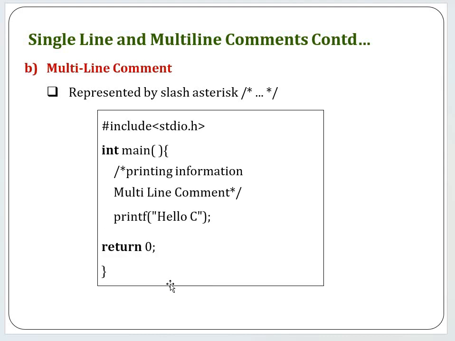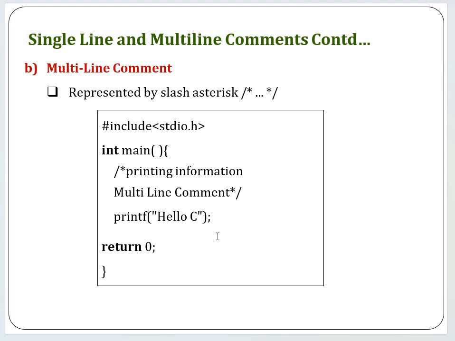And then you will be having multi-line comments. These comments start with slash asterisk and end with asterisk slash. They can span multiple lines and are suitable for longer explanations or comments that cover multiple lines of code. You can see in this example where the comment starts and ends.